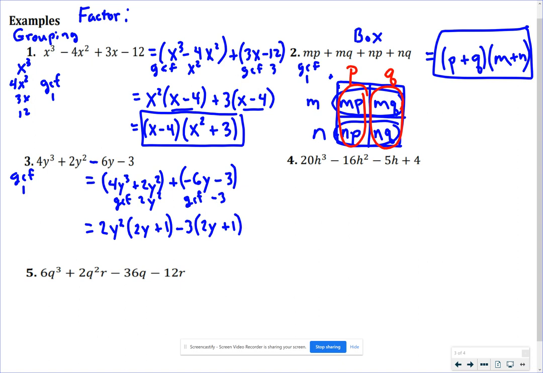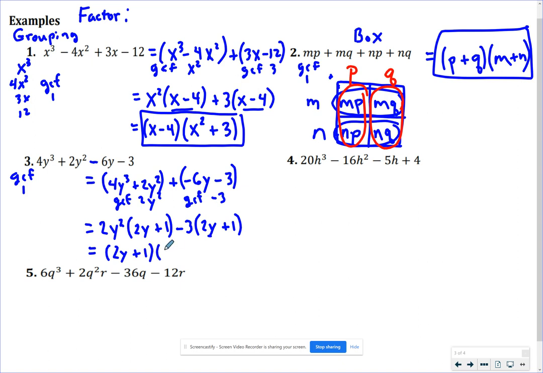And look at that. I have a common binomial factor, 2y plus 1. See, they both have this factor, 2y plus 1. So in my last step, I'm going to pull that common binomial factor out in front. Factor out the common binomial, so I have 2y plus 1.